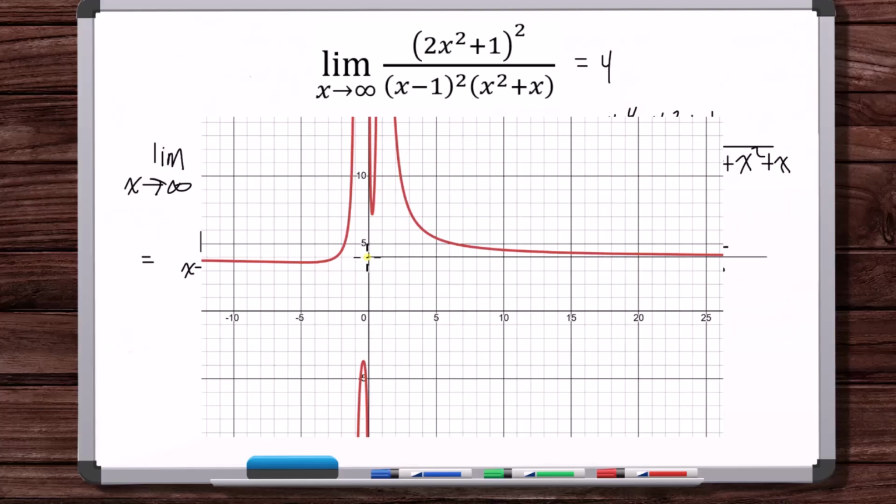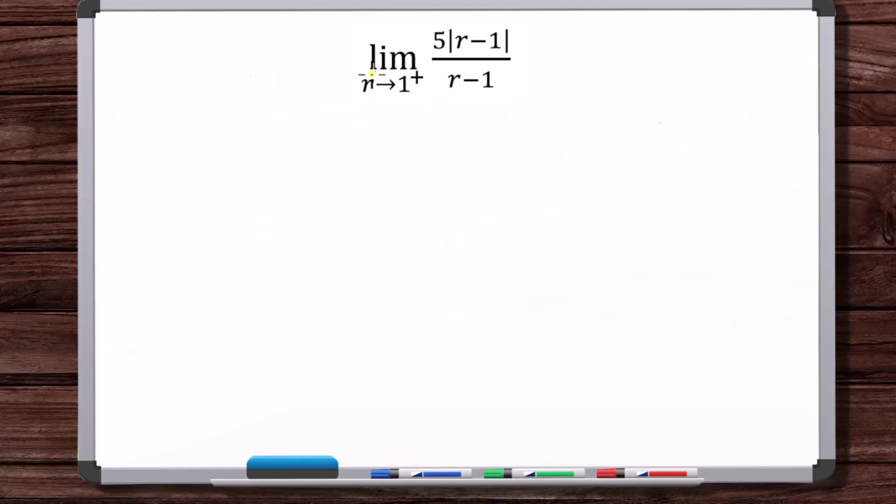Right, there you go. Okay, the limit as r approaches 1 from the right of 5 times the absolute value of r minus 1 over r minus 1. So if r is always above 1, then r minus 1 is always positive. So we can simplify the absolute value by just removing it.